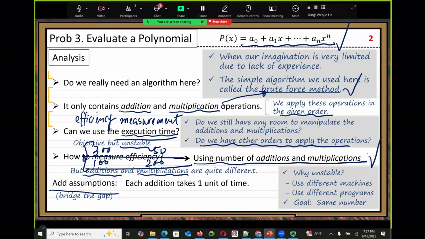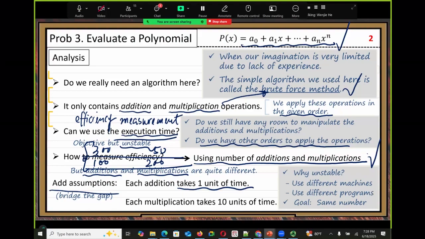We set each addition to take 1 unit of time. Each multiplication takes 10 units of time. So multiplication needs approximately 10 times the execution time of the addition.